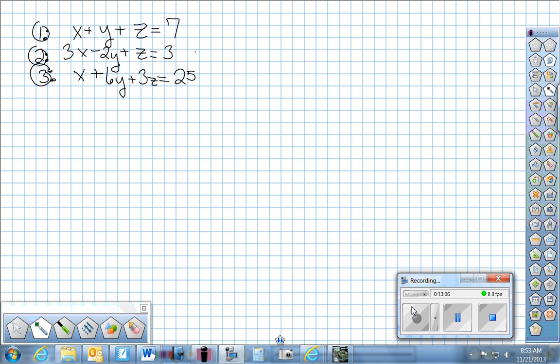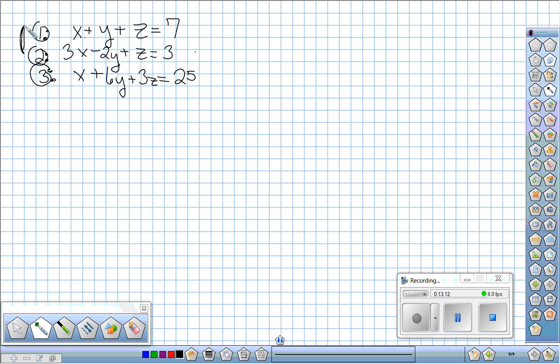It really doesn't matter which ones you do. I just always like doing the first and the second together. So if I'm looking at these, it really doesn't matter what you multiply by, whatever you choose to. Let's get rid of x's. I have a positive 3 and a positive 1.